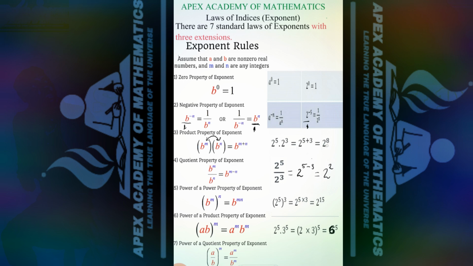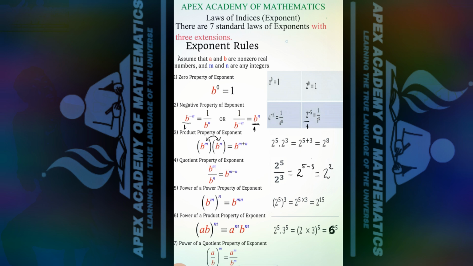All right, wonderful. This is the final example in part 1 of this video. The quotient property of exponents says that when the bases are the same, b to the power of m divided by b to the power of n, then we subtract the powers. So we rewrite the base one time and subtract the powers.